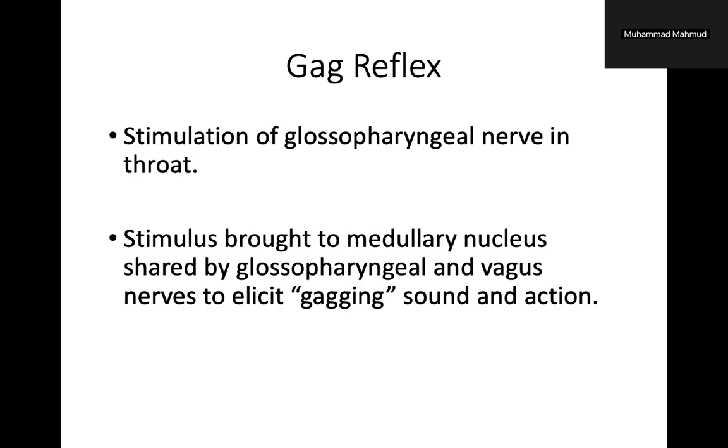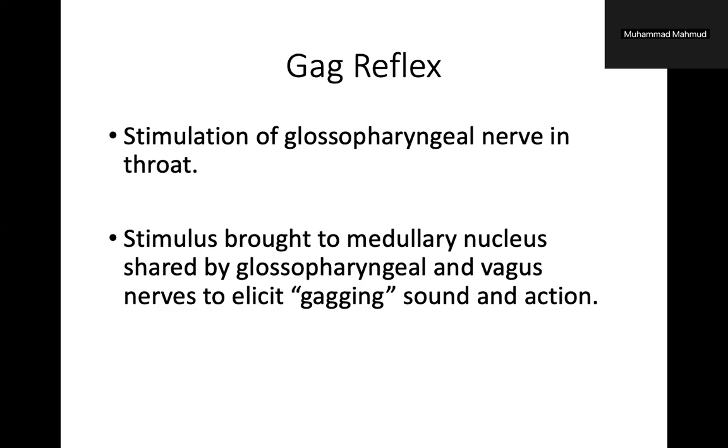Glossopharyngeal nerve. That's number 9 out of the 12 cranial nerves. The glossopharyngeal nerve supplies our pharynx, I mean the throat, the back of the tongue and throat.